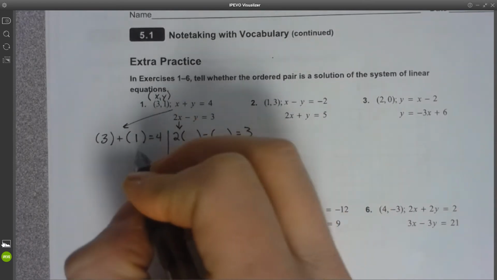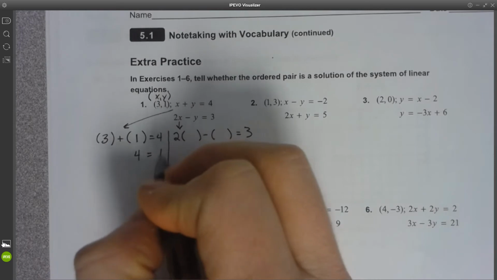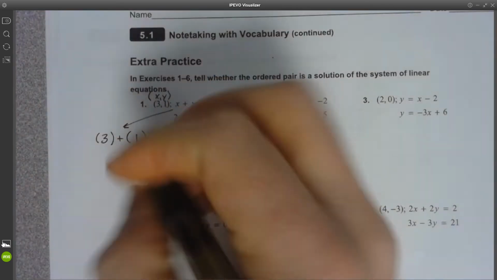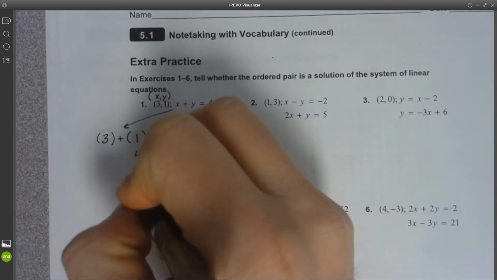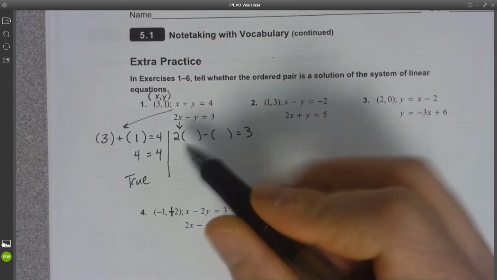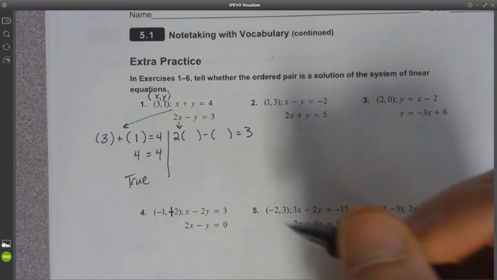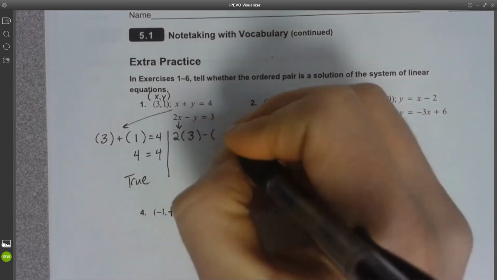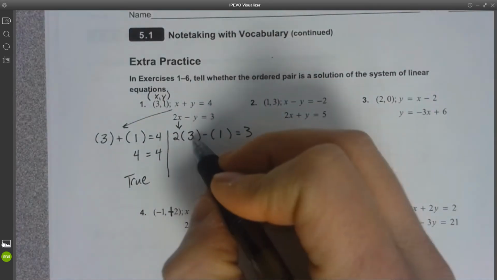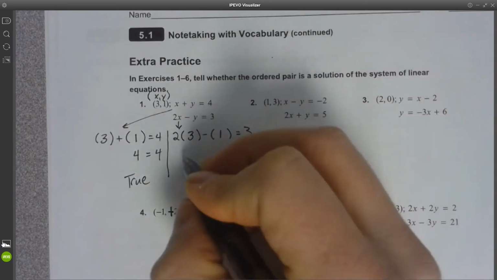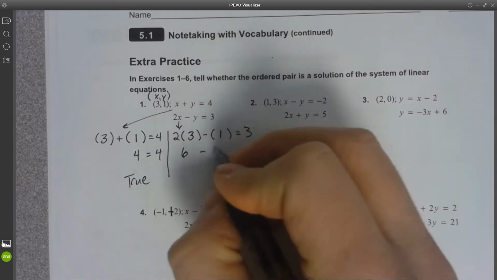Well, 3 plus 1, that's 4. Does 4 equal 4? Yes, it does. So that's true. Let's try that for the second equation. Again, substitute 3 in place of x and 1 in place of y. So 2 times 3, remember we want to multiply first, that's 6.